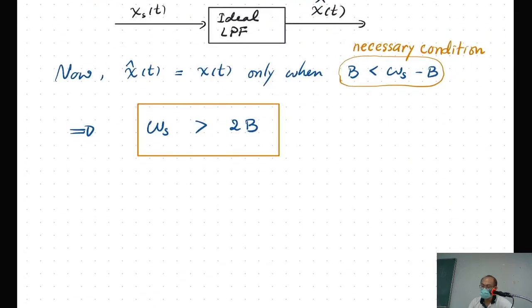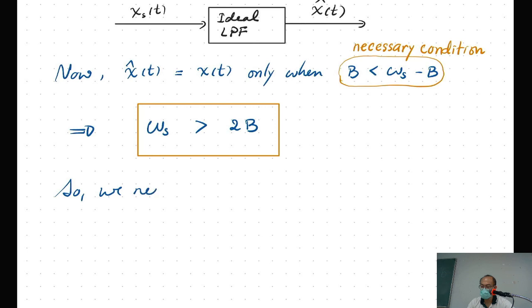That means the sampling frequency omega s would have to be greater than twice the maximum frequency of the signal if we are to get the original signal back. We would have to sample it with a rate that is at least twice the maximum frequency of the signal that we're sampling.